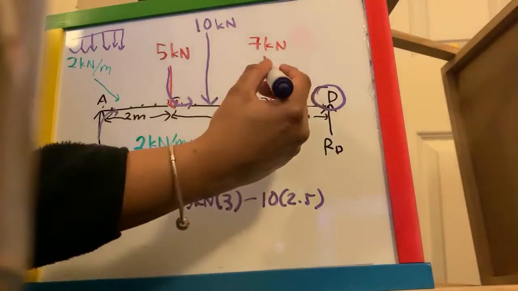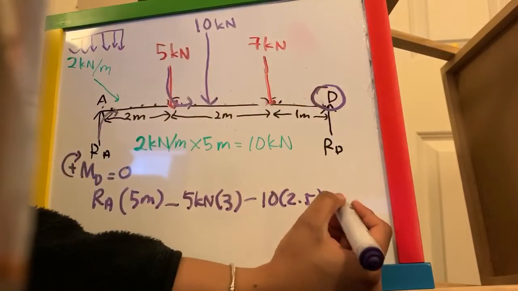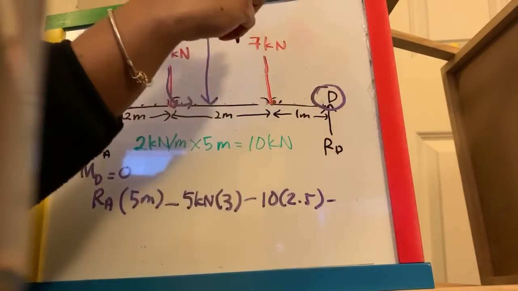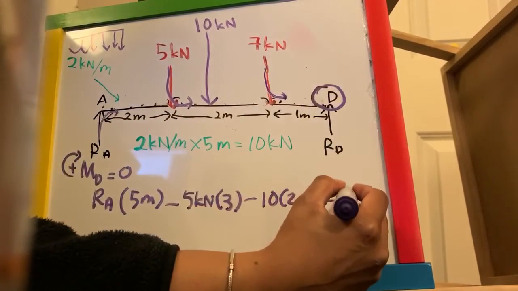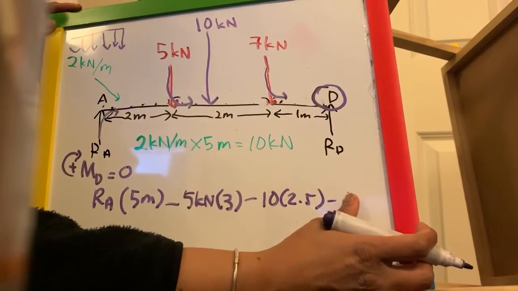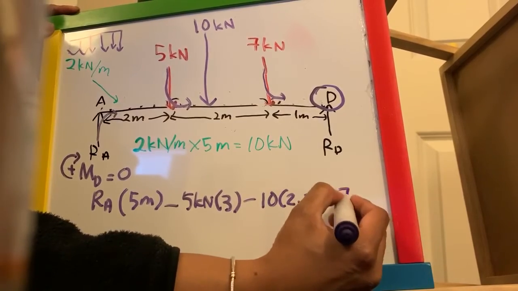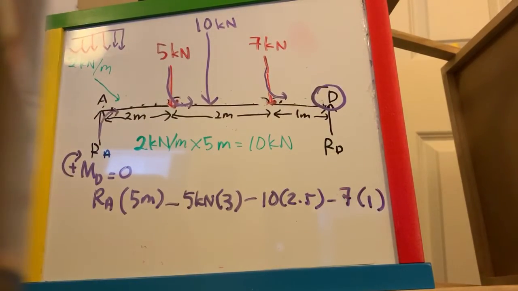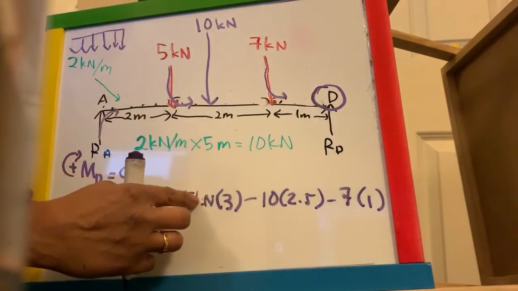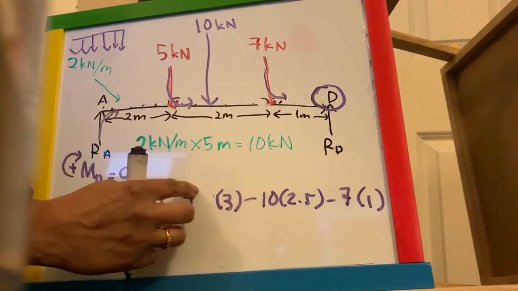Lastly, 7 kilonewton pointing downwards again, minus, because it's rotating anti-clockwise, so 7 multiplied by 1, which is the perpendicular distance. I'm not going to use the kilonewtons there because now it's going to confuse you.